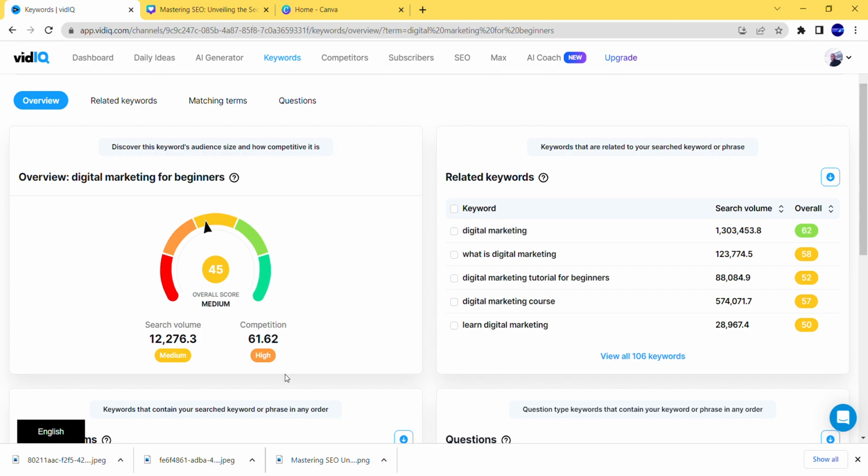Now you understand what SEO means, right? And keyword searching, right? So this is the meaning. Don't use keywords like these, because they are so difficult to target.